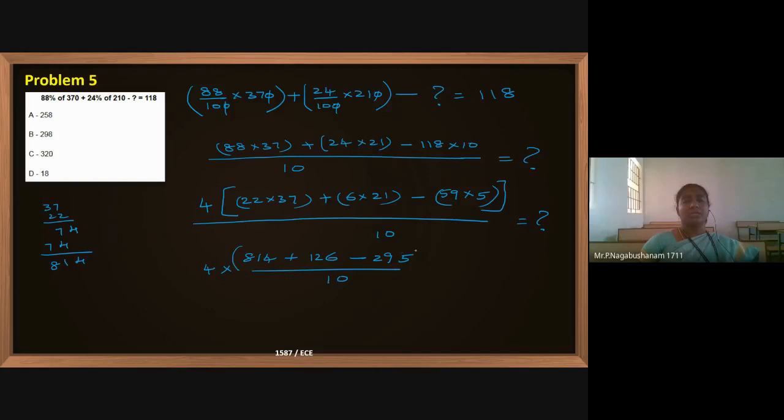So 814 plus 126 becomes 940, then you are subtracting 295, so it will be 645. So 4 into 645 divided by 10 is this question mark value.